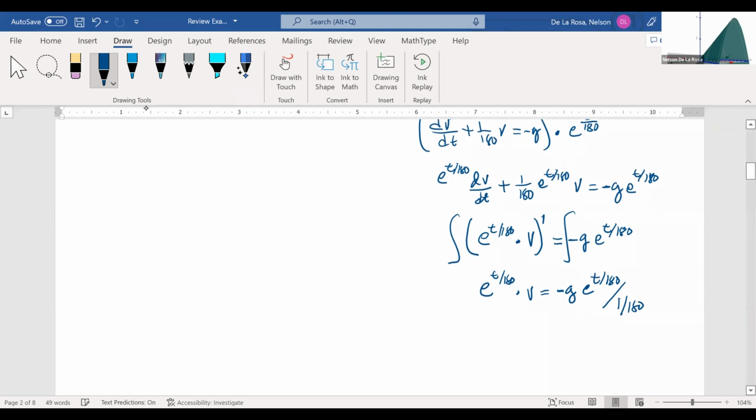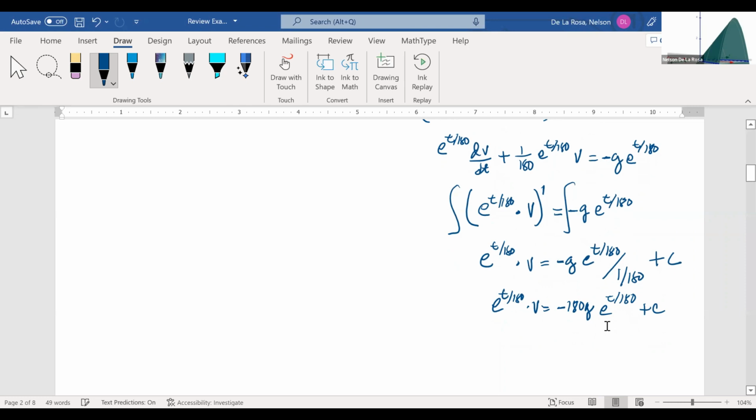Therefore, our integral can be written like this. It would be negative 180 g e to t over 180 plus c. Don't forget the c.